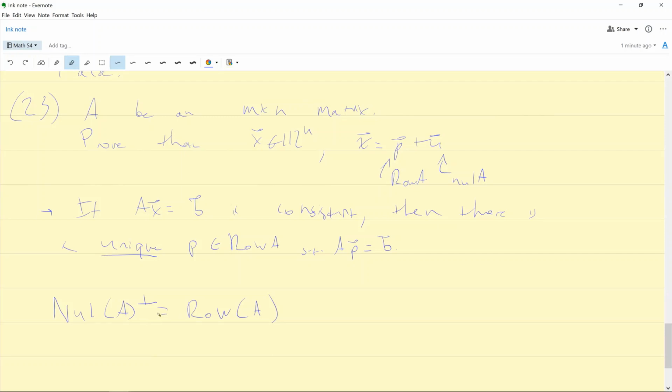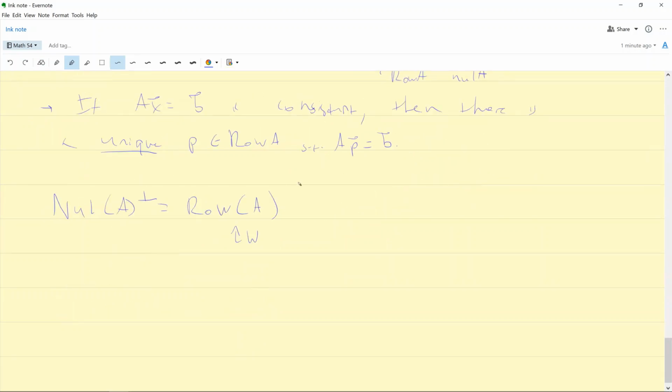We can choose Row A to be W, and that tells us that Null A will be W perp. If we decompose x into these two vectors, we can do it because of our decomposition theorem, and the first one is going to be in Row A, and the second will be in its complement, which is Null A.